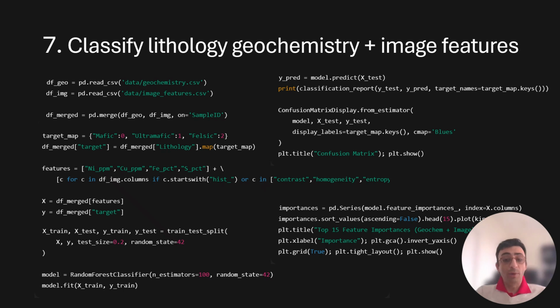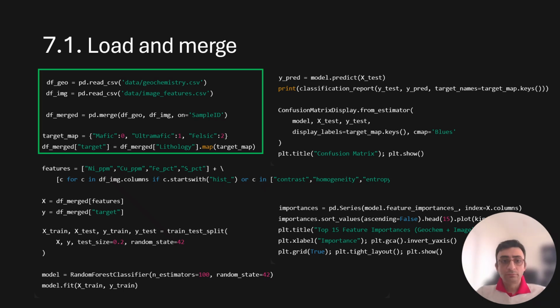Random forest is robust, needs little tuning, and handles mixed scales without drama. The first step here is to read both tables and inner join on sample ID. Any sample missing in either file is dropped by the merge, and that's intentional, otherwise you would be training with half of your story.